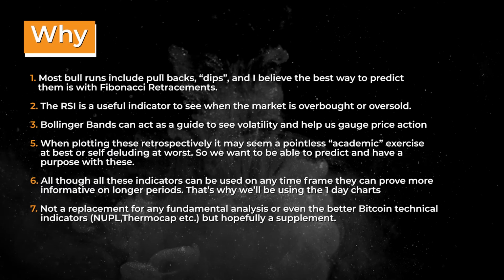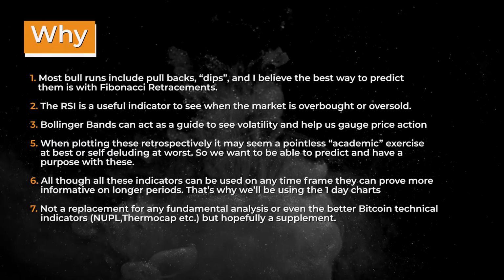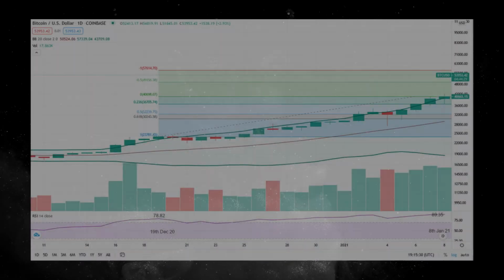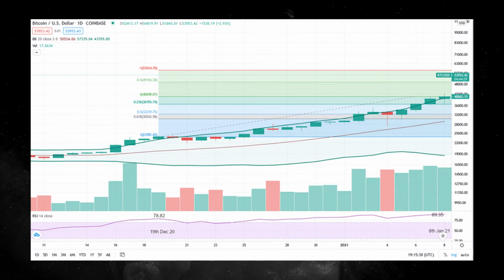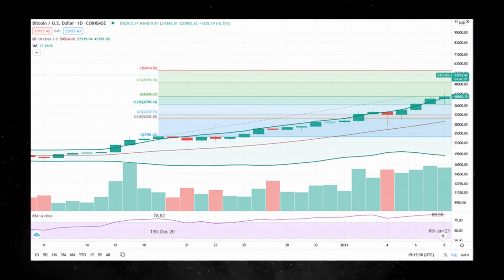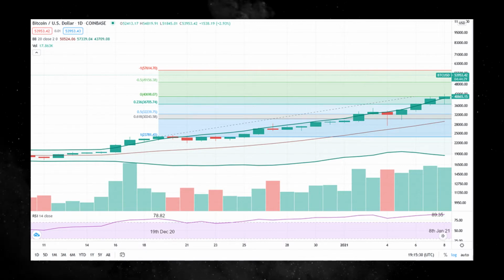Okay, so that said, let's have a look at the chart here where we've put these indicators on. We've got this daily chart here from the end of December 2020 till the 8th of January 2021. The first thing I'd like to draw attention to is the RSI on the 19th of December, which you can see formed a high of 78.82.